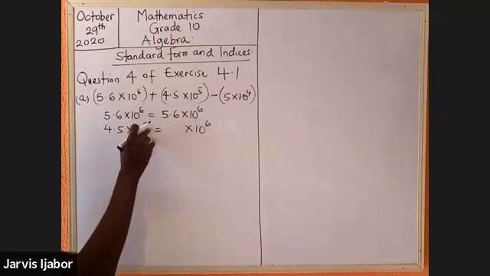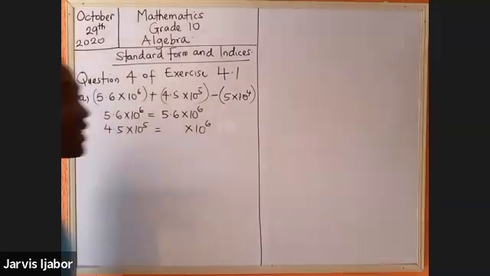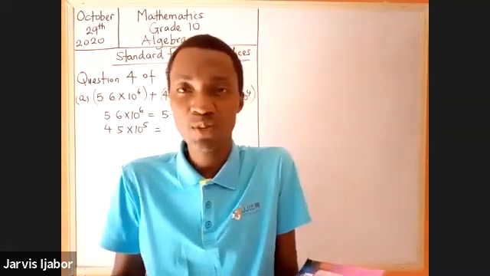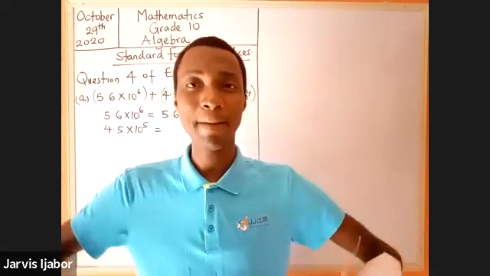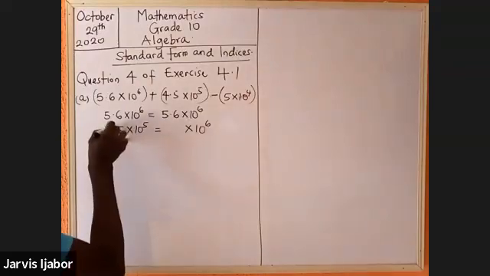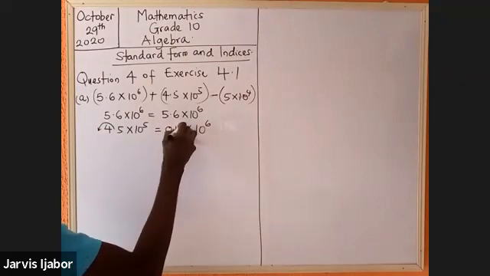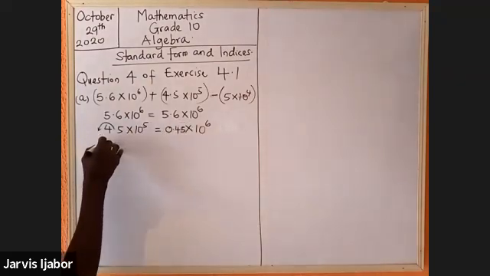Increasing this power will cause a corresponding decrease in this figure. Remember, when you increase the power, you're trying to make the number small. When you reduce the power, you're trying to make the number big. So that is understood. This becomes 0.45.